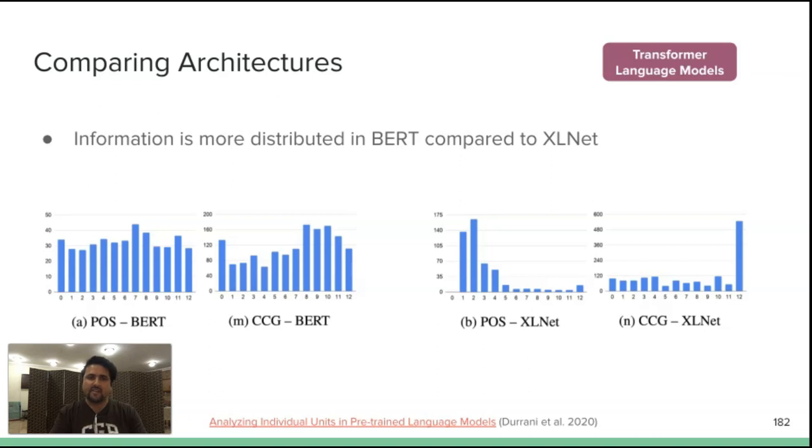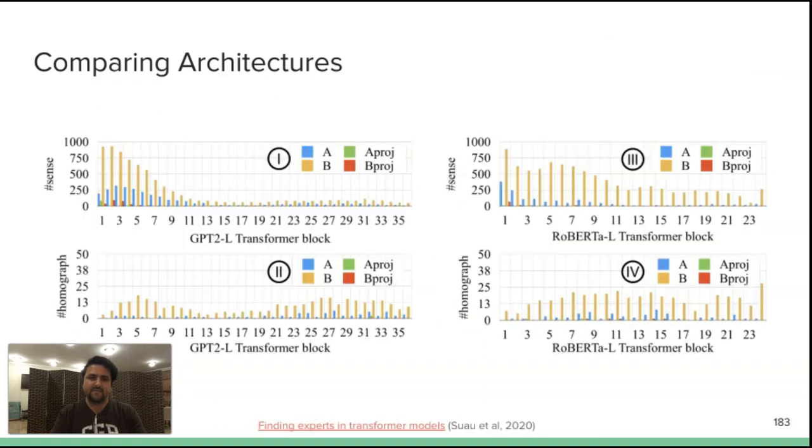Looking at the XLNet, it is very clear that morphology was learned at the lower layers and syntax at the final layers. This is not evident in the case of BERT, where the information seems to be distributed, although it still shows that more dominant neurons for CCG are in the higher layers.